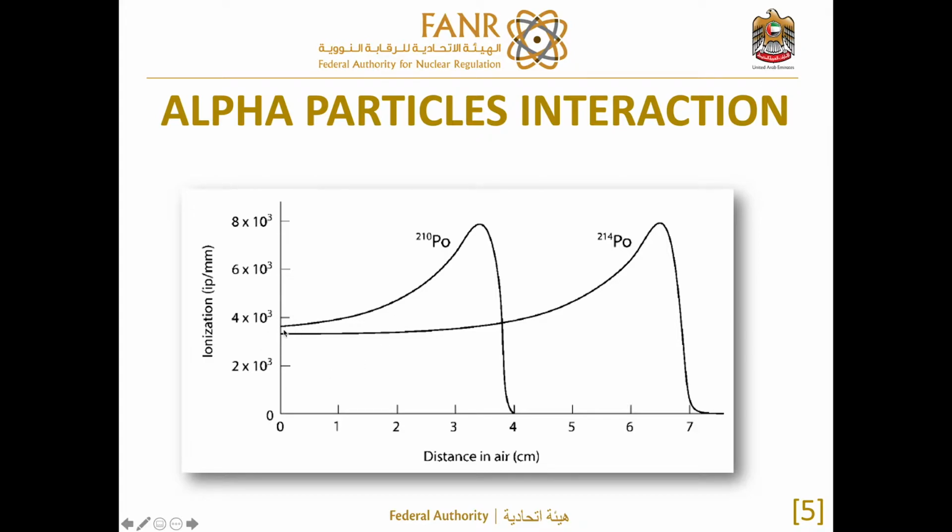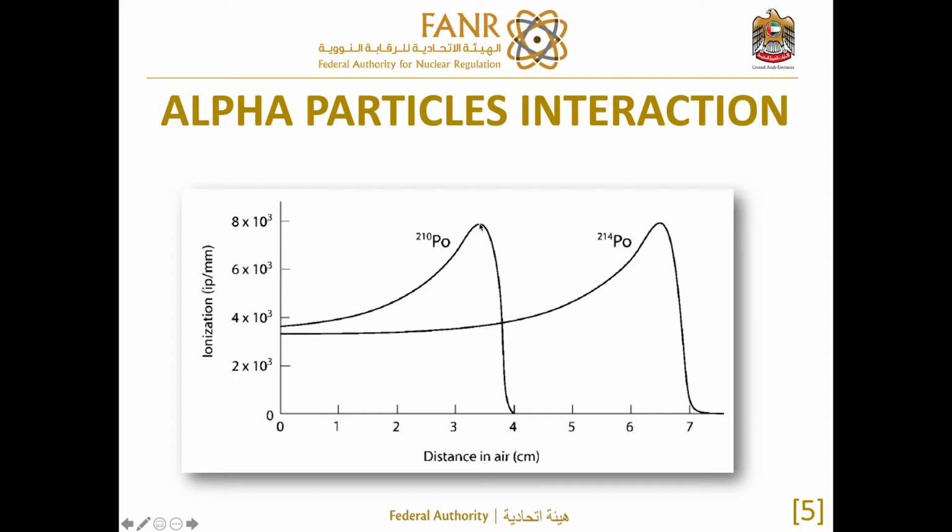The number of pairs which are created increases from 4,000 pairs per millimeter, increases with increasing depth in this material, the material is air, up to a peak where the ionization pair number is maximum, and by the way, it almost doubles in this example, and then falls abruptly to zero, which means that from this point onwards, not only the number of pairs which are created are much less, but this means that the particle is not moving anymore.